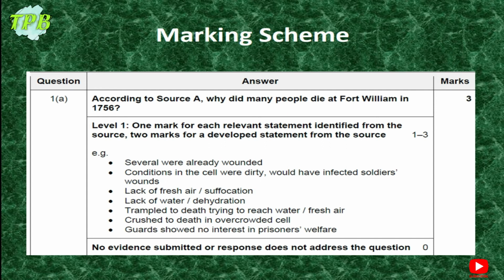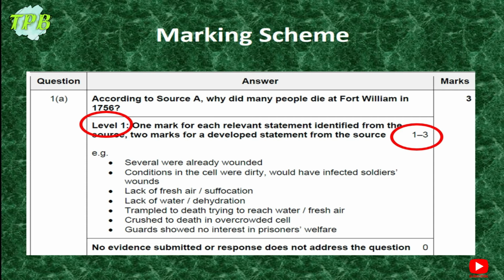In the marking scheme, the question is printed again and then the levels are identified. This question has only one level, which is going to give you 1, 2 or 3 marks. According to this level descriptor, 1 mark for each relevant statement identified from the source will be given, or 2 marks for a developed statement from the source.